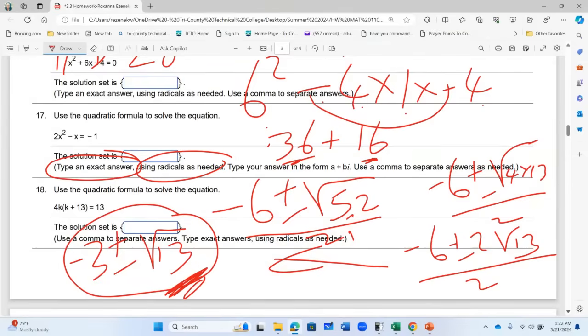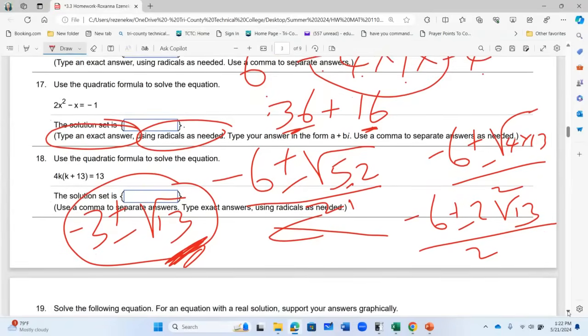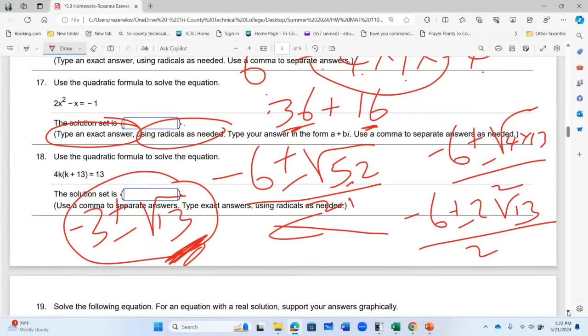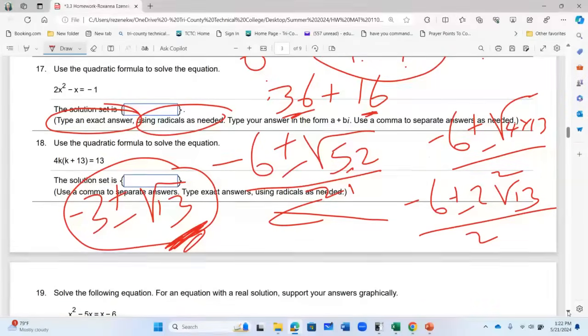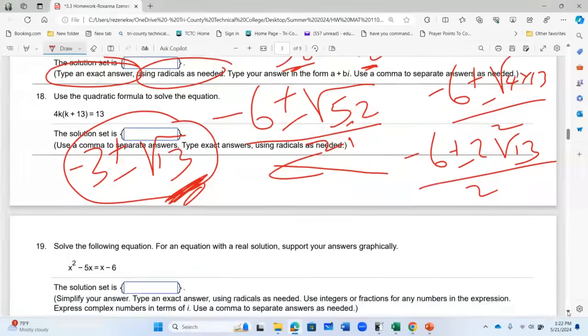If you type a decimal, the computer that grades your work in MyLab Math doesn't know who you are. When it says leave your answer in exact form, please leave your answer in exact form. In other words, your answer will contain radicals. When we do logarithms, if it says leave your answer in natural log, leave your answer in natural log. If you simplify, it gives you a 0. I hope you understand. Any question about the exact form?